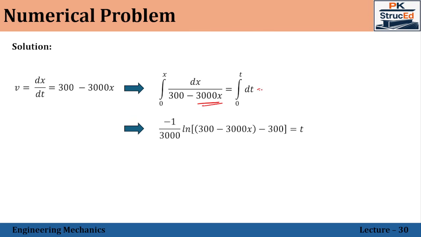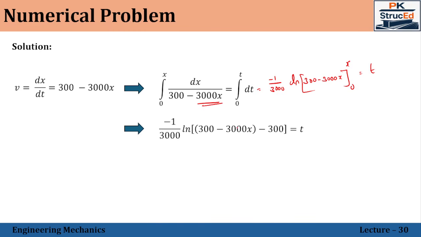So this will become minus 1 by 3000 into ln 300 minus 3000x, and the limits are 0 to x, which will be equal to t. Substituting the limits, we will get ln 300 minus 3000x minus ln of 300 minus 0.